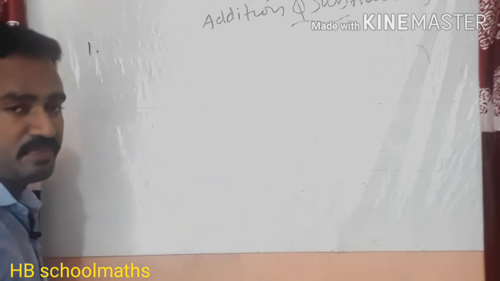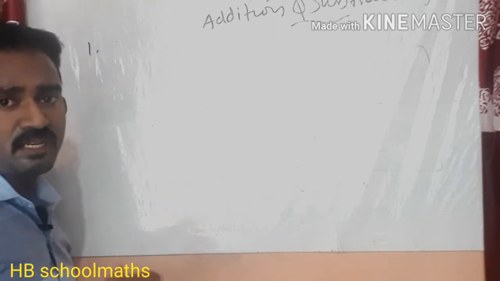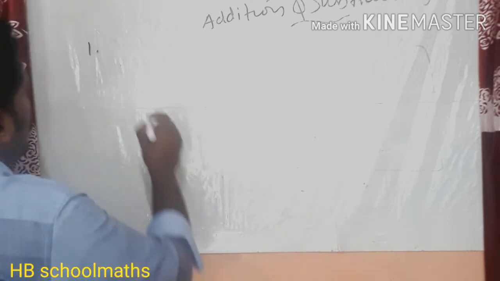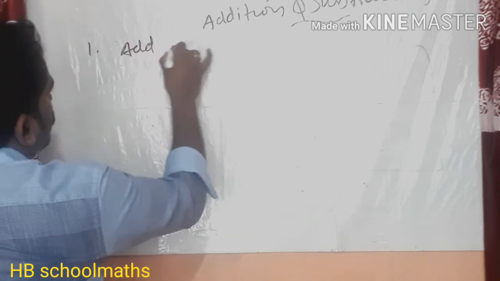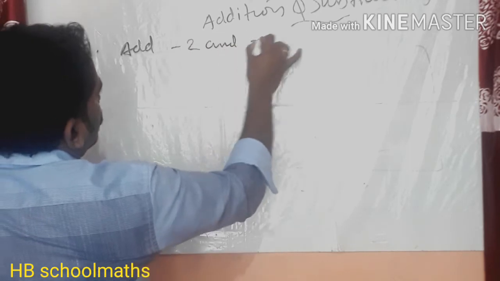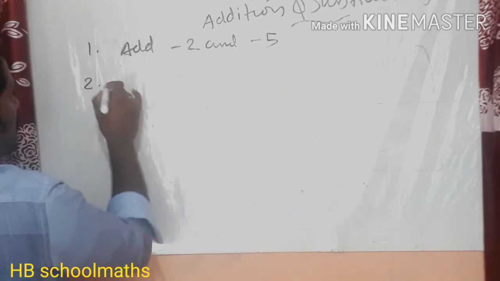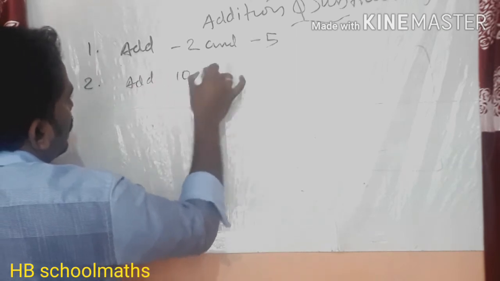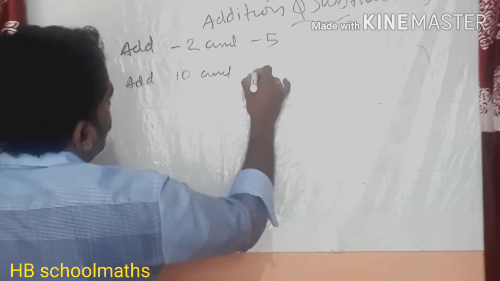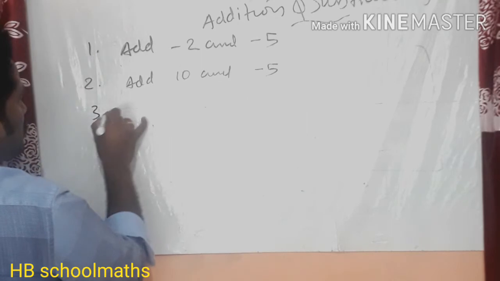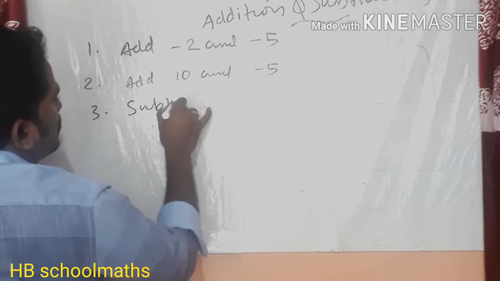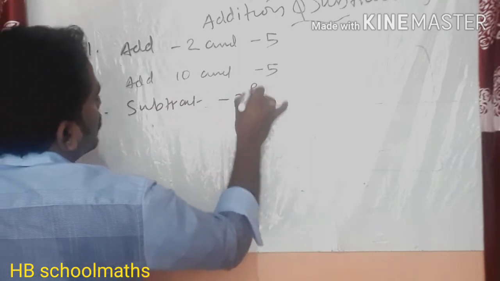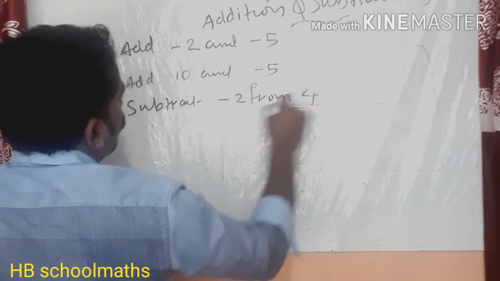So first question: after writing one question, pause the video and answer it. Add -2 and -5. Second question, add 10 and -5. Third question, subtract -2 from 4.